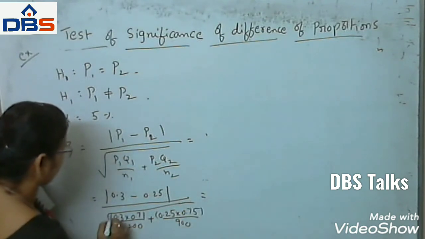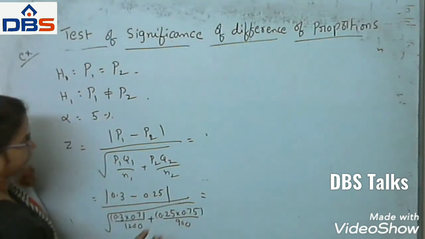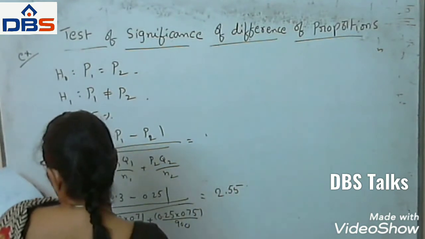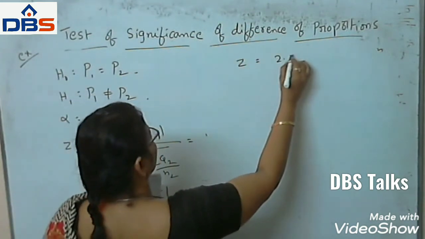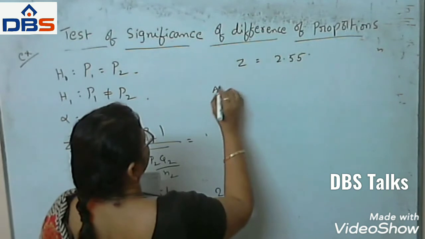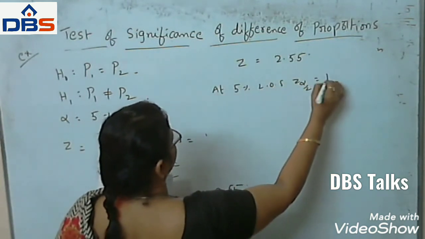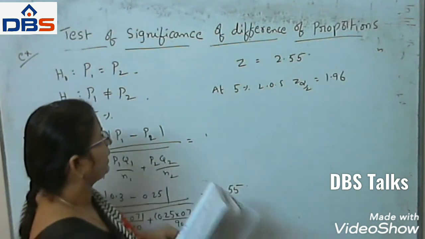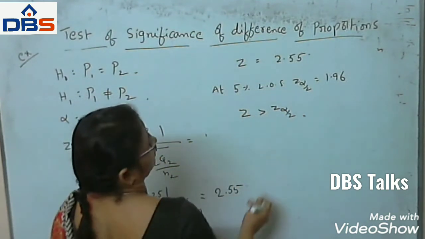By calculating all these values, we get 2.55. So the value of Z from the formula is 2.55. At 5% LOS, Z alpha by 2 equal to 1.96. By comparing these two Z values, Z is greater than Z alpha by 2.